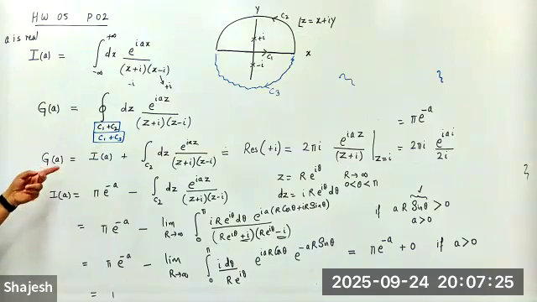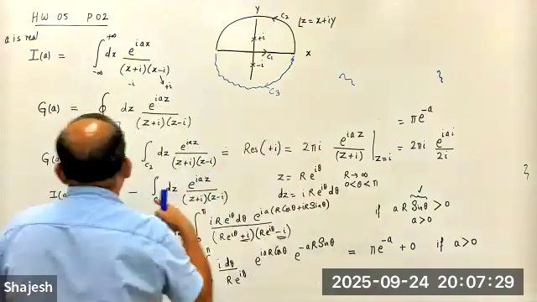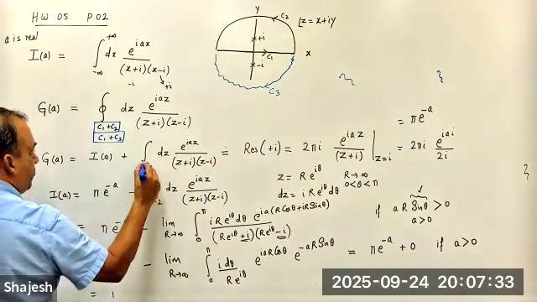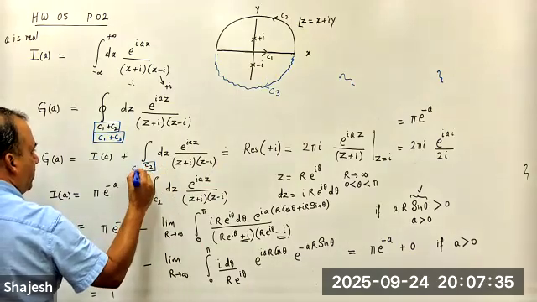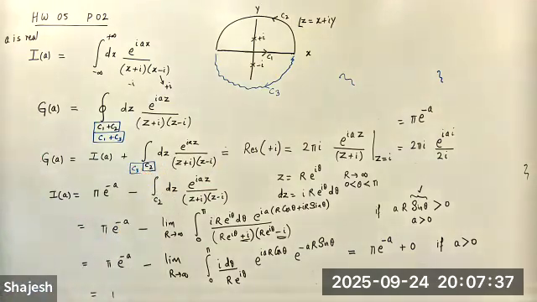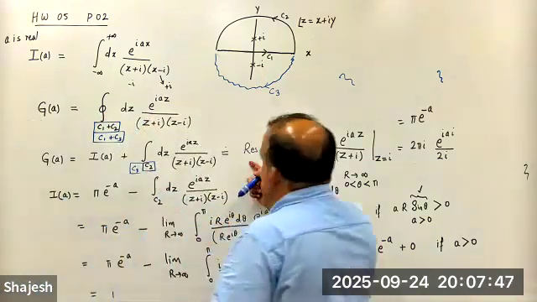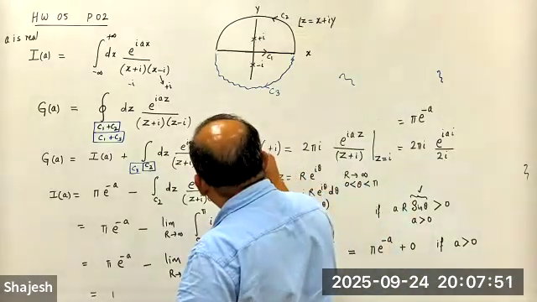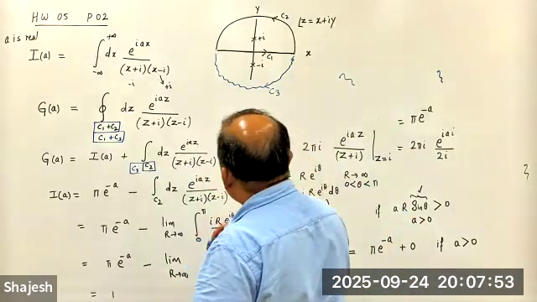I again come to g of a. I say C1, that's I of a, and this time this is C3. Correct? What will happen to the residues? This whole thing I'm going to change.